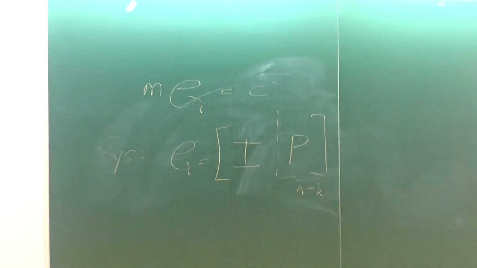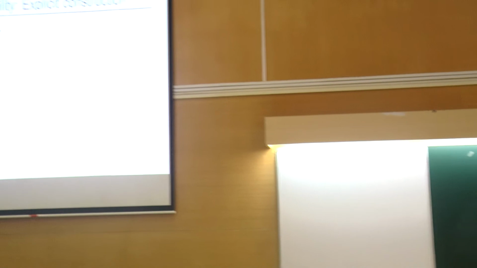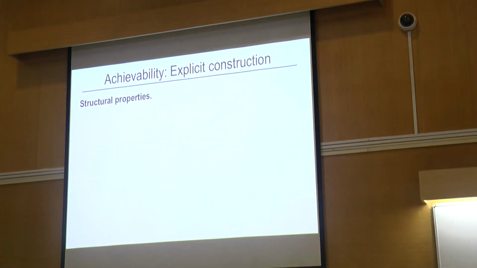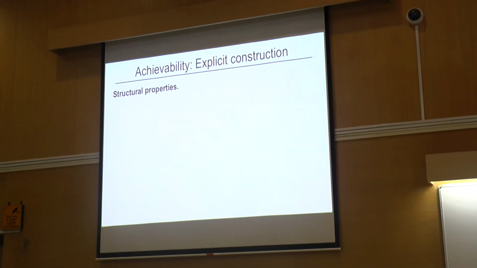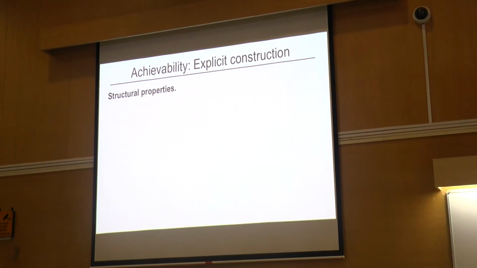What I'll do first is present some structural properties that this parity part of the generator matrix needs to satisfy in order to be optimal, and then give a construction and show that it meets those properties. Then we will be done, because we will know it is optimal.